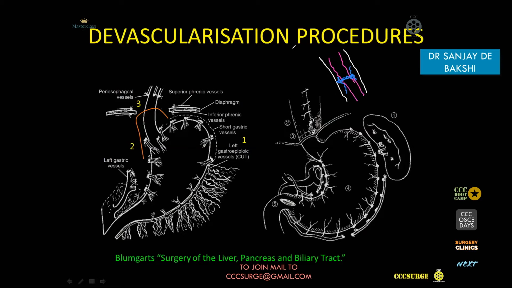Nowadays, what do we do? I'll show you what we do. But the essence of this was, again, you have to divide both the vagus. Because you've divided both the vagus, you then end up with a pyloroplasty. So Sugiura: splenectomy, devascularization of the greater curve, left gastroepiploic, short gastroepiploics. Next, you go up to the hiatus.